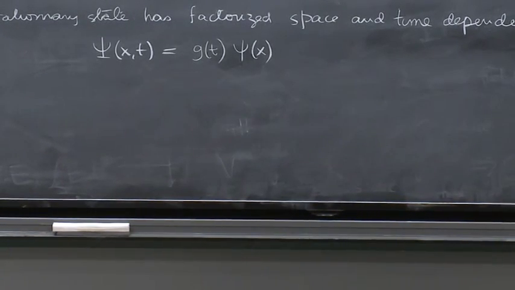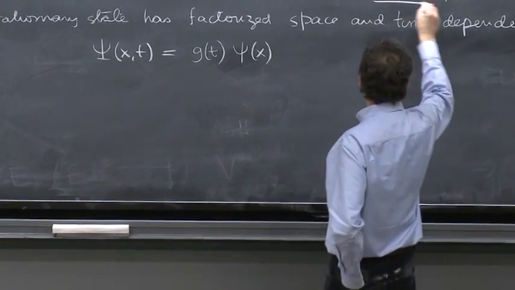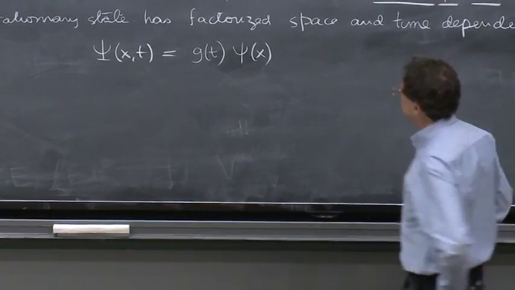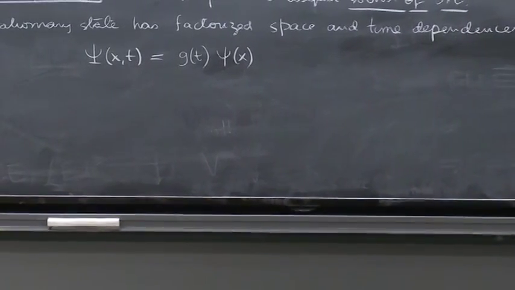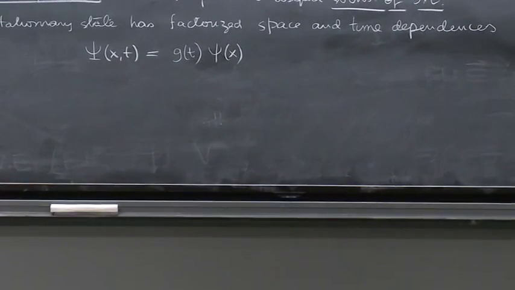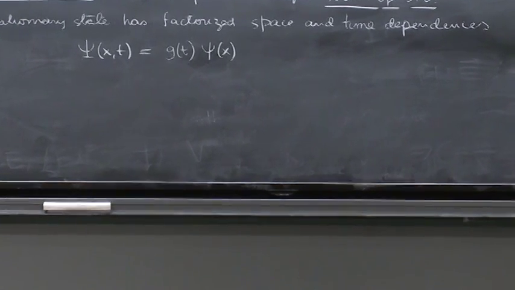So this is a stationary state, but the stationary state has factorized space and time dependence, and solves the Schrödinger equation. So what we need to understand is what this factorized dependence tells us for the Schrödinger equation.